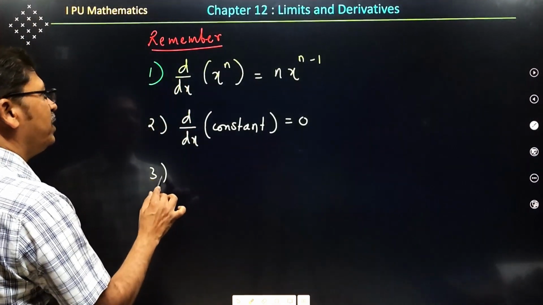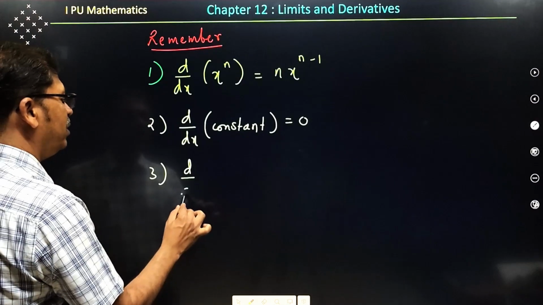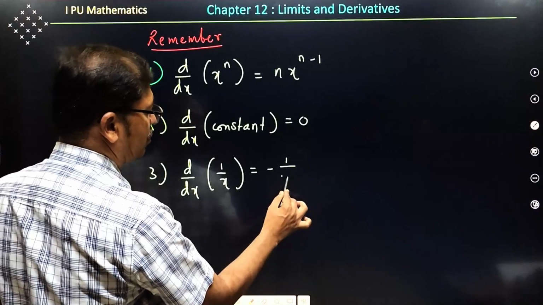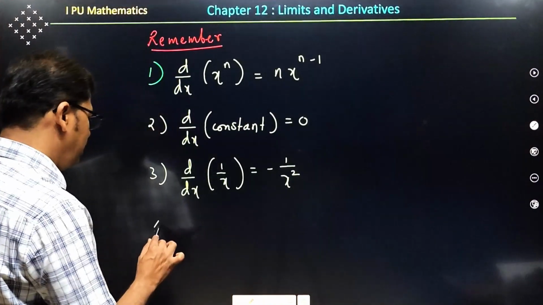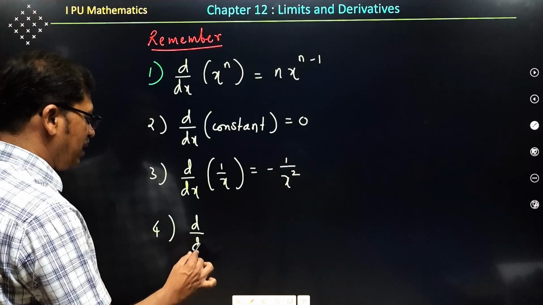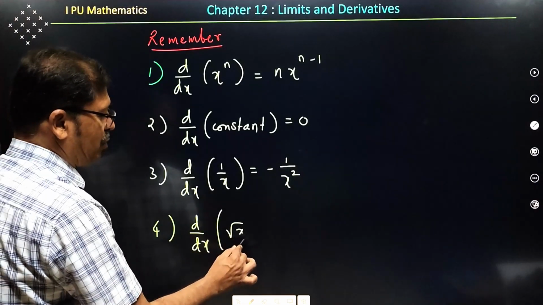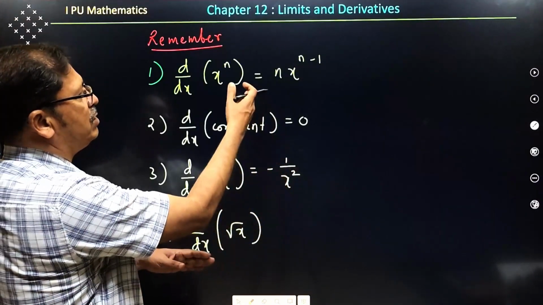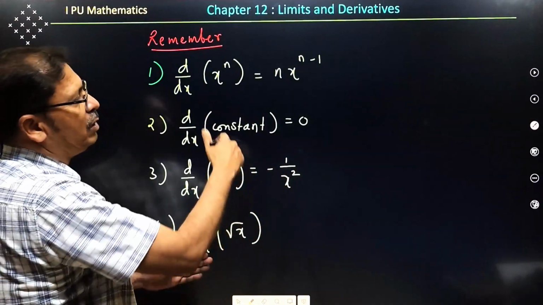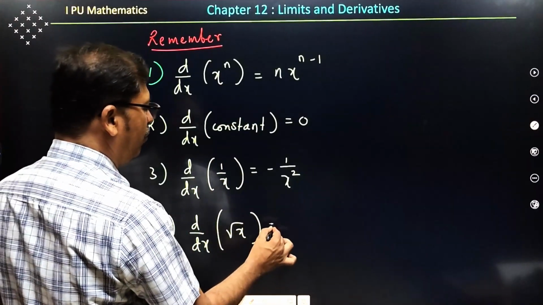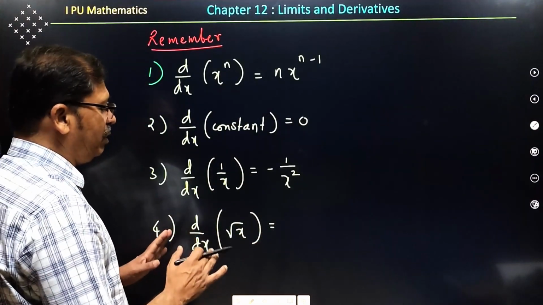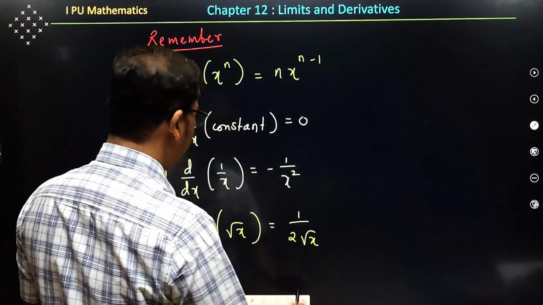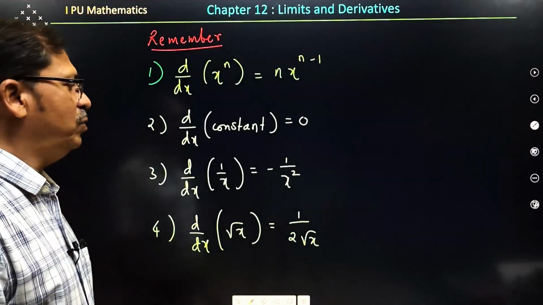Next, d by dx of 1 by x, you remember directly as minus 1 by x square. One more, d by dx of root x can be answered on the basis of x raised to n by taking x raised to 1 by 2 and applying this rule, but it is often used, so it is better to remember it. D by dx of root x is equal to 1 divided by 2 root x. Memorize this.